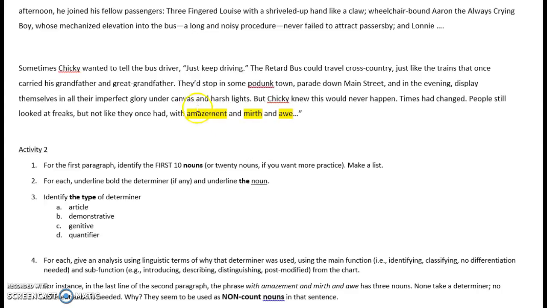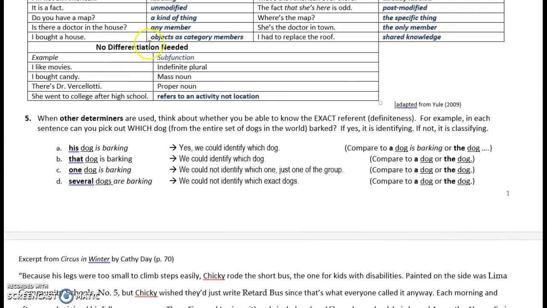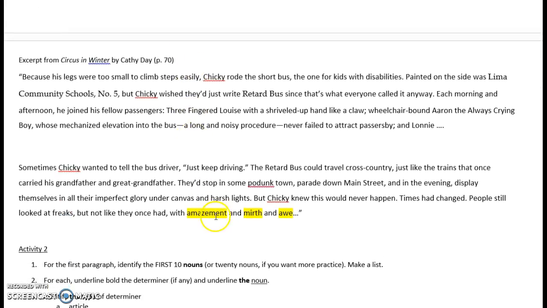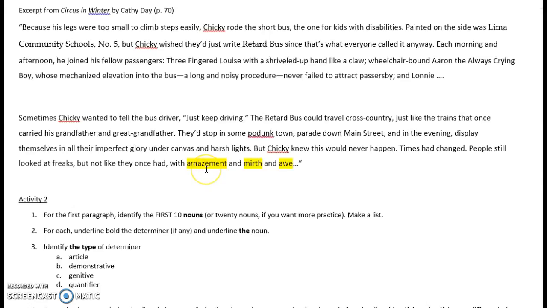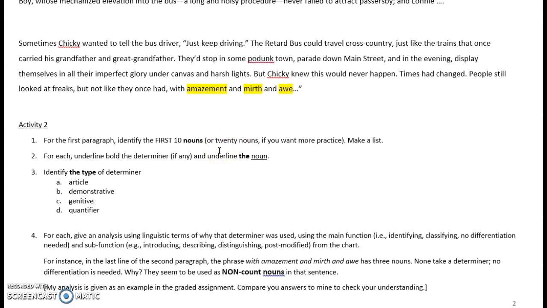And these nouns do not have determiners, so this is no differentiation needed. So which of these subfunctions would that be? Indefinite plural, mass noun, proper noun, refers to an activity, not location. Of those subfunctions, these seem to be maybe mass nouns, non-count nouns. We wouldn't say amazements, mirths, and awes necessarily.